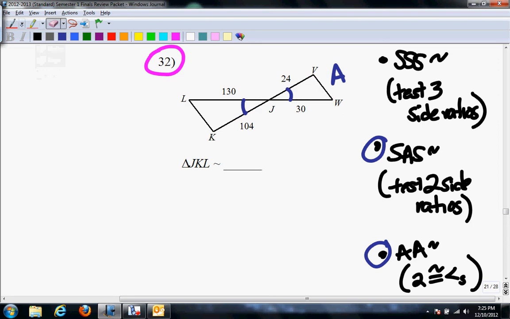So let's test the ratio of the sides here. Let's first go this way. 30 to 130 and 24 to 104. So 30 to 130. Let's see, 5 goes in here 6 times, and 5 goes in there, let's see, 2 would make it 10, 3, 0, 26 times.